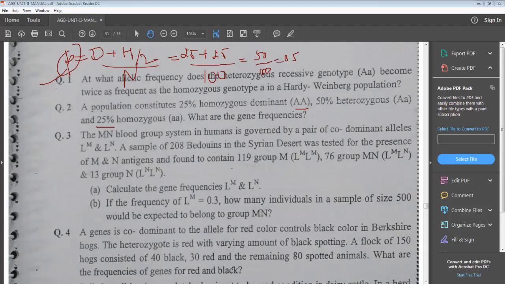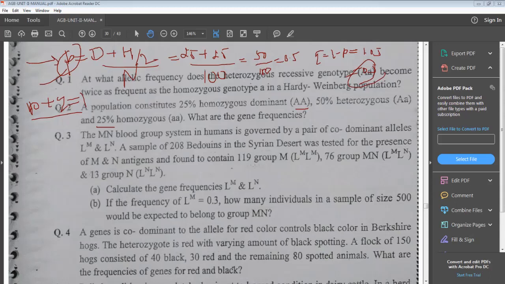Okay, if P is 0.5, then Q is 1 minus P from the Hardy-Weinberg law, where P plus Q is equal to 1. So 1 minus 0.5 is equal to 0.5.